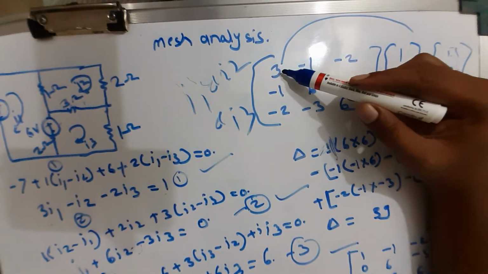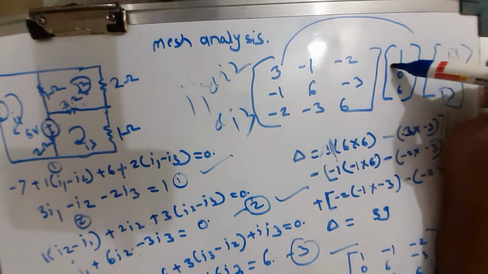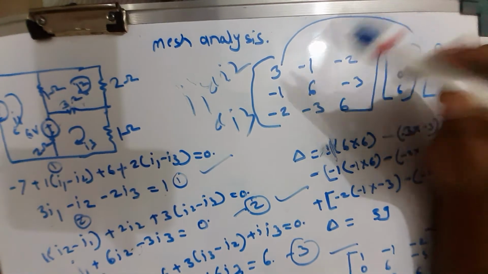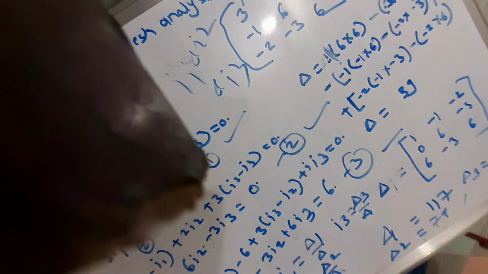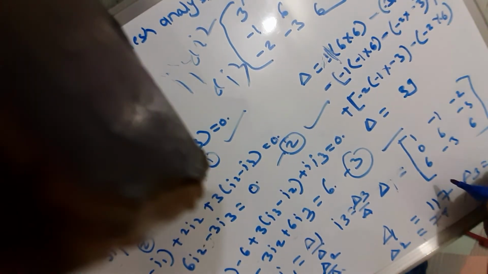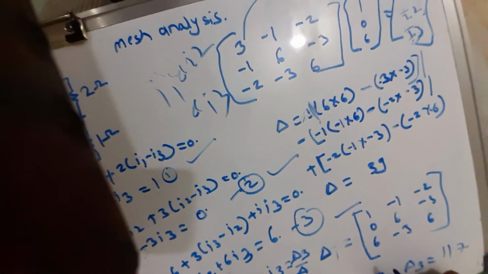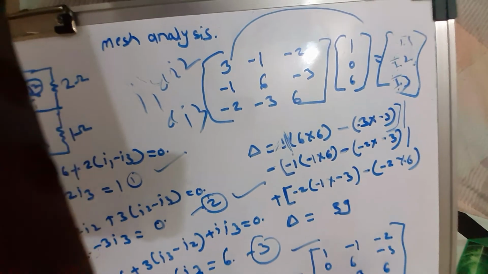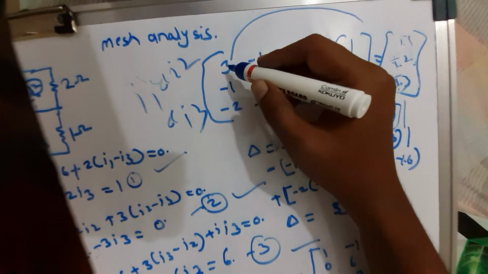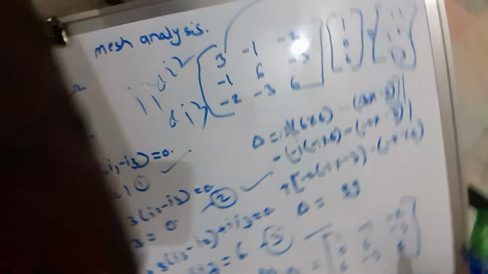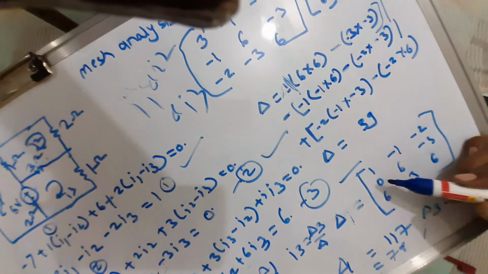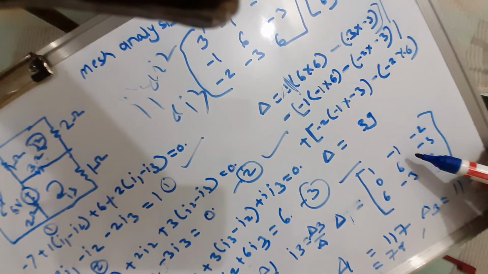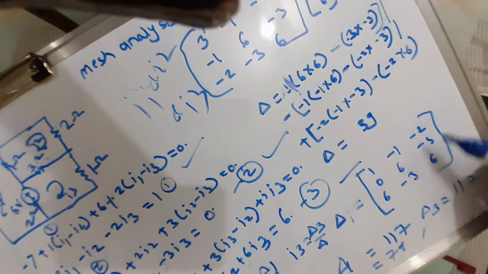So here we have 3 minus 1 minus 2, and we have to replace it by 1, 0, 6. For delta 1, I replace it with 1, 0, 6 while the rest will be as it is: minus 1, 6, minus 3, minus 2, minus 3, 6.